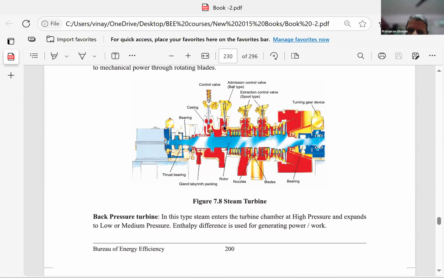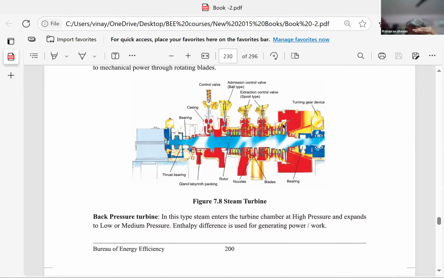Now naturally, when high pressure, high temperature steam expands, it increases the volume, and that increased volume is accommodated by increasing the blade size till the last blade. So the high temperature, high pressure steam entering here, by the time it expands, rotating the blades and reaches here, achieves a lesser pressure and lesser temperature. If it is say 150 kg per centimeter square, it may go to 50 here.